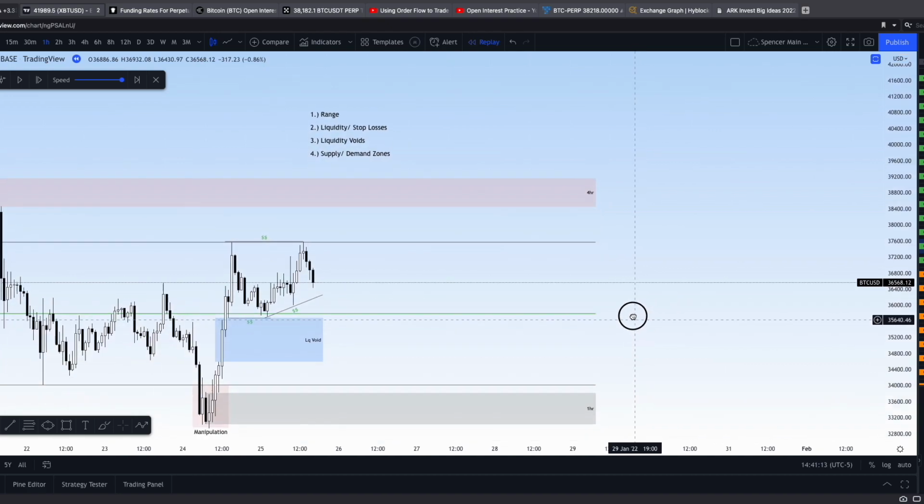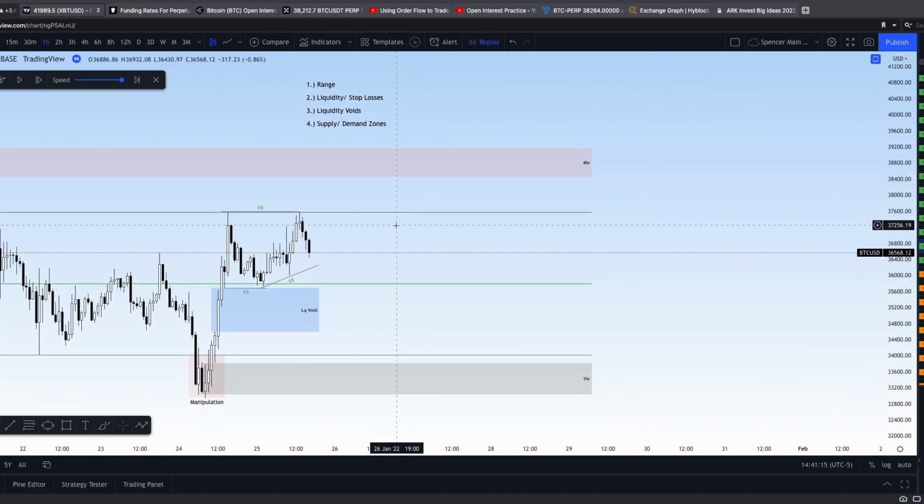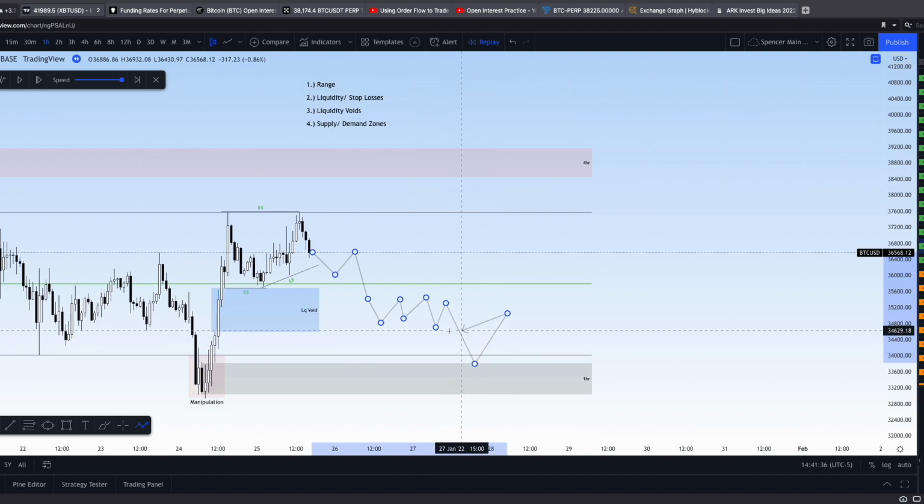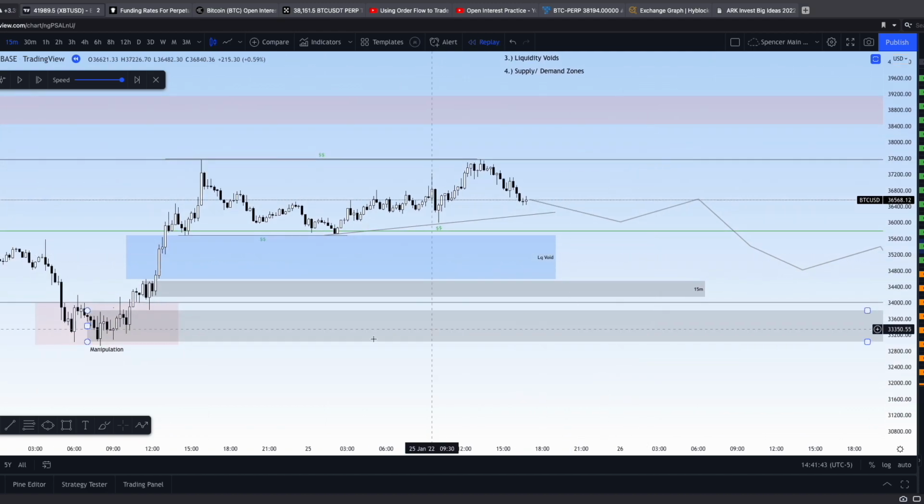Now, what we have to keep in mind, now that we have all this marked out, is what are the scenarios. So let's say price comes down and sweeps the equal lows and sort of the trend line lows, and then starts filling in these voids here. Then we could probably either look for an entry down here, or we can go on a lower time frame and see if there's any demand zones on this way up, which we do right here, this 15-minute candle that I already had marked out.